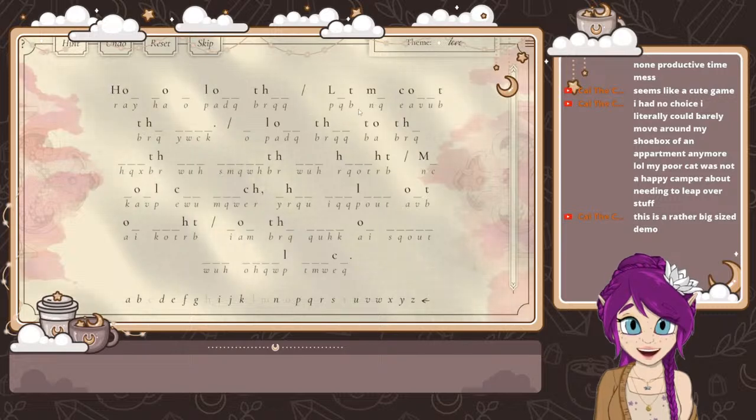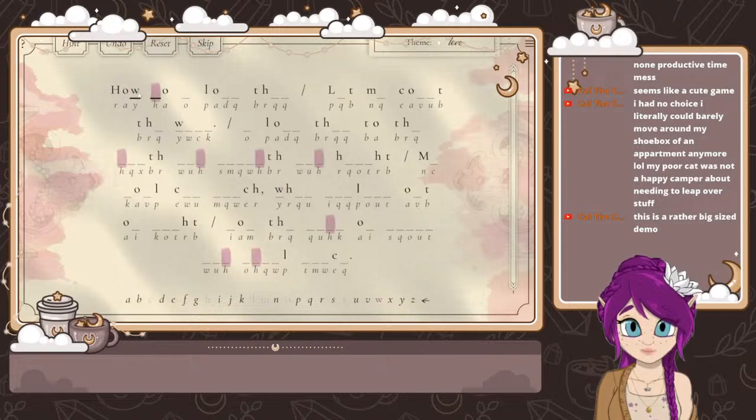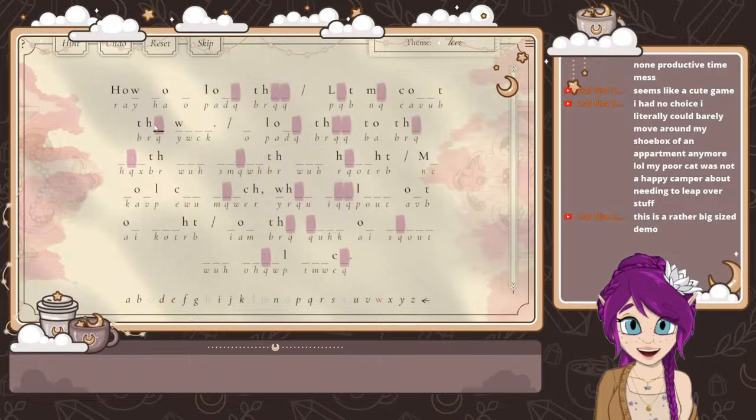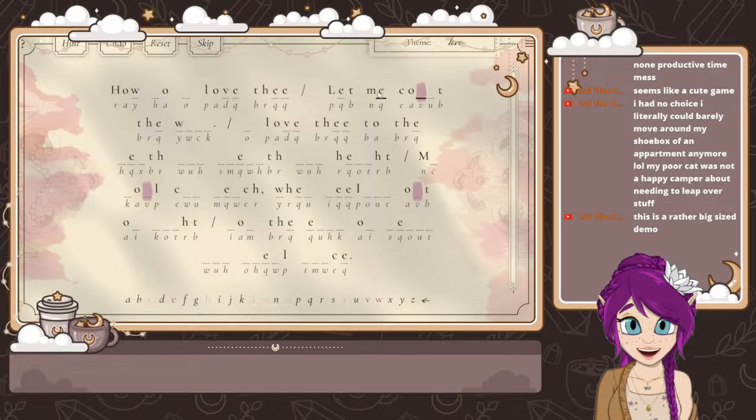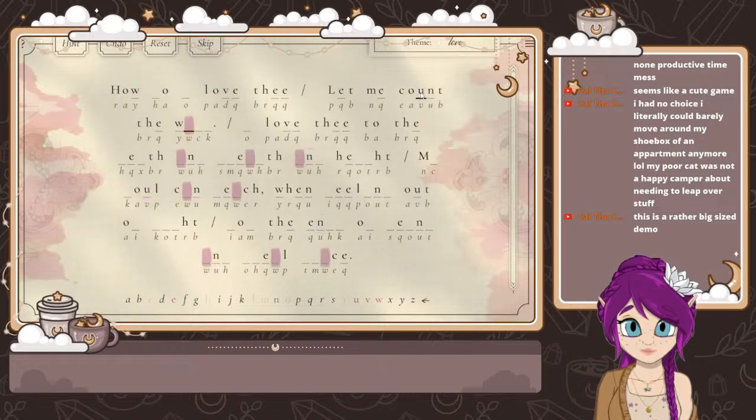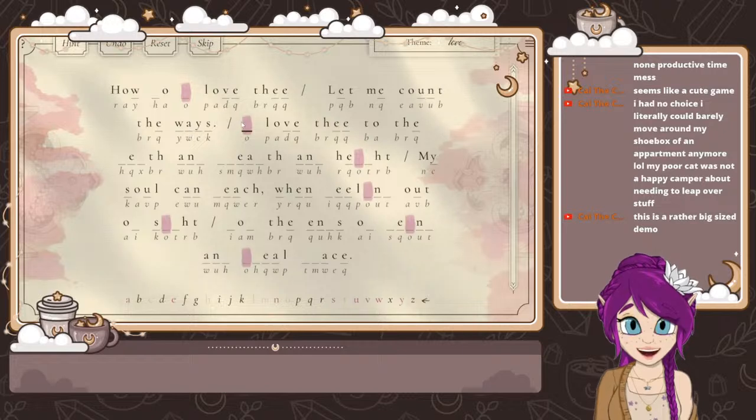It's a lot of holes. Okay, so let's start. So this is how. This little 3-letter word is probably the. I have a feeling this is love. How love thee. Let me count the waves.